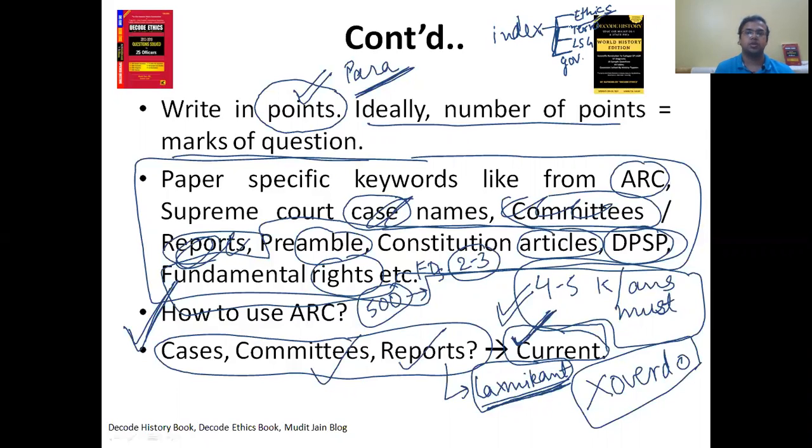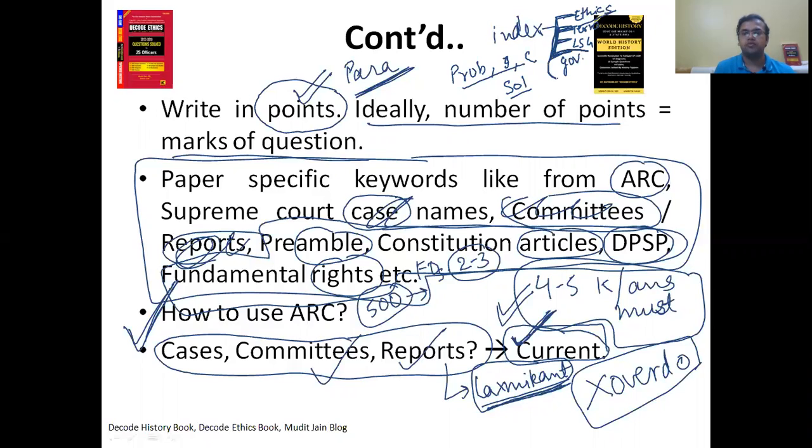So now tell yourself, what would ARC have written in such reports? Basically, what are the problems, what are the issues, what are the challenges, what are the solutions? All these things ARC would have written.